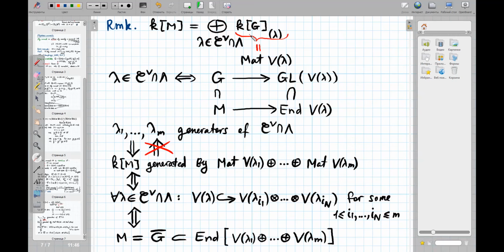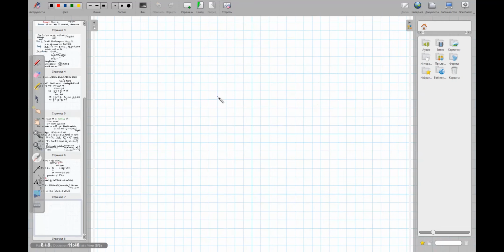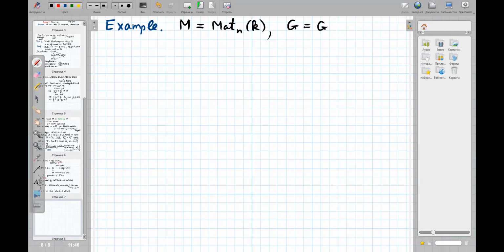Okay, so now let me turn to an example. For the example, I will take this basic example. Let me take the monoid of all n by n matrices over the field K. In this case, its group of invertibles is, of course, GLN of K. Let me consider the following functions on the group of invertibles GLN.